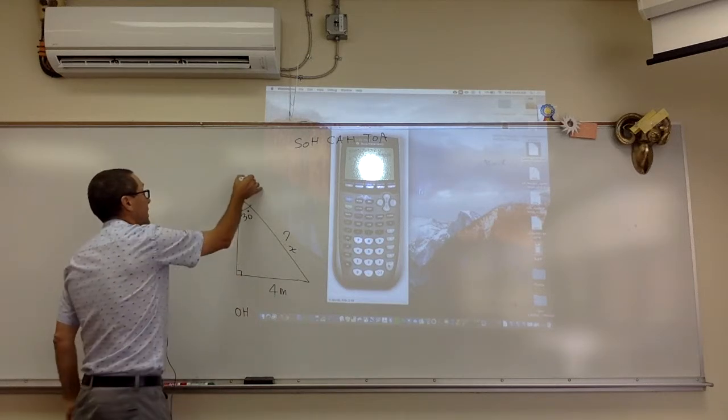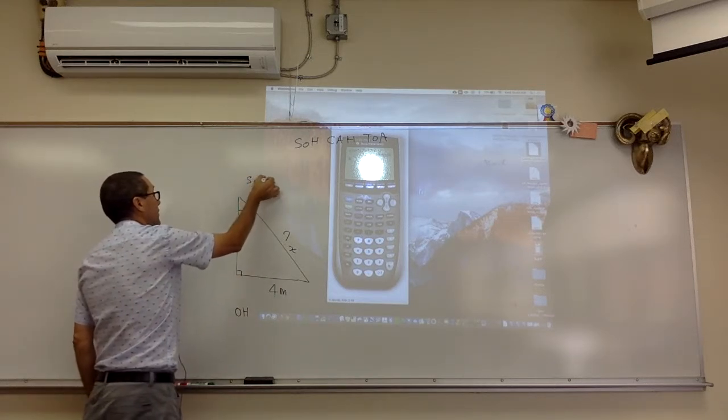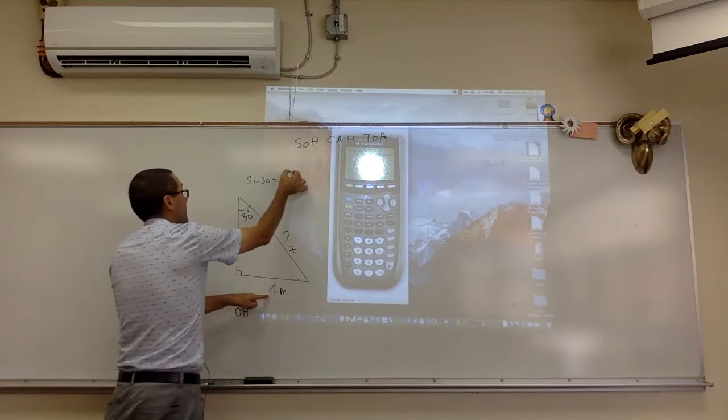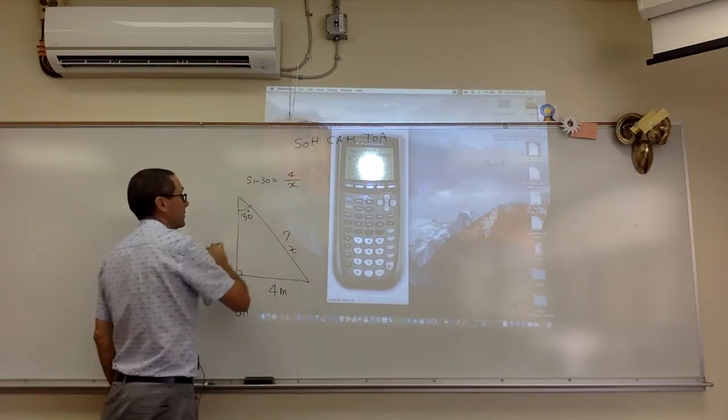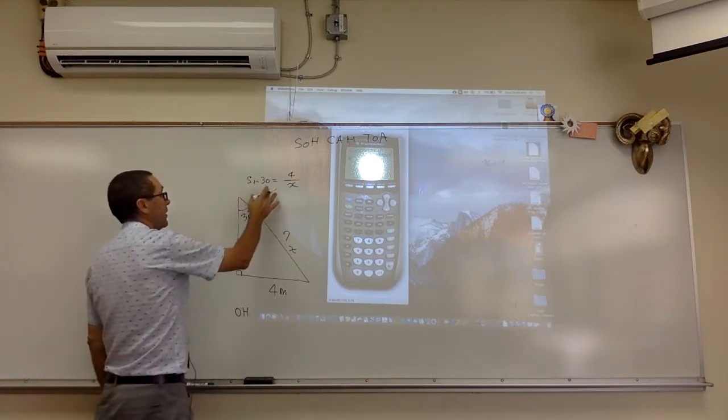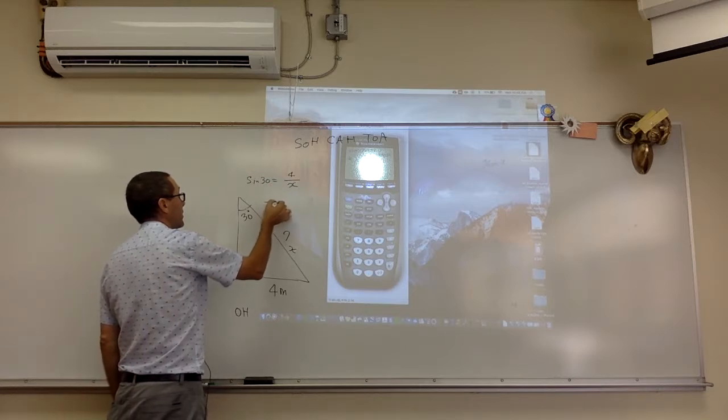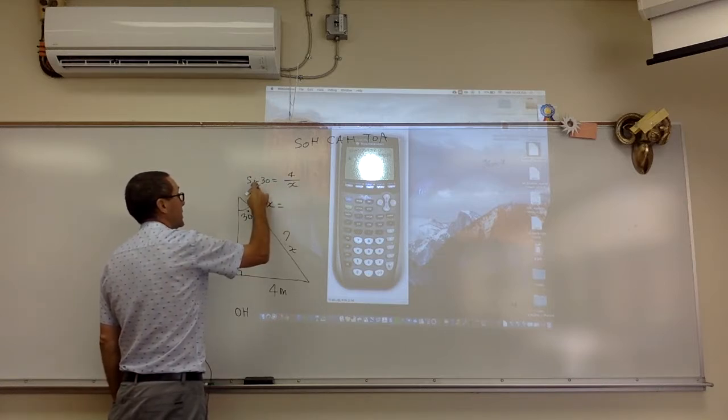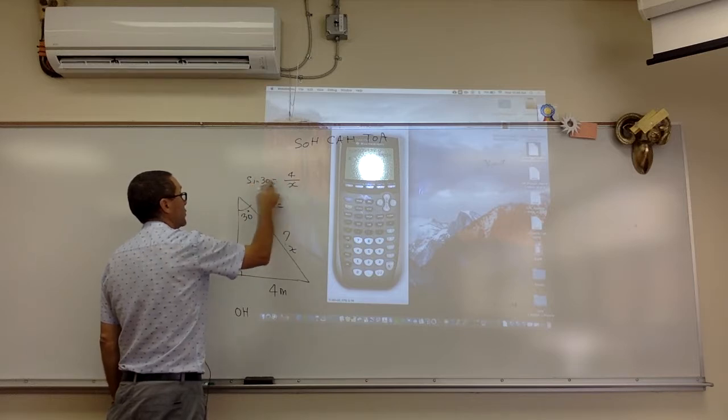So sine of 30 is the opposite over the hypotenuse. If I want to solve this the quick way, I can multiply both sides by x and divide by sine 30, or just swap these two.